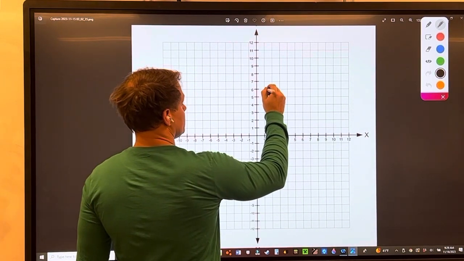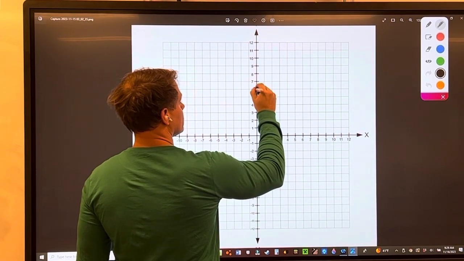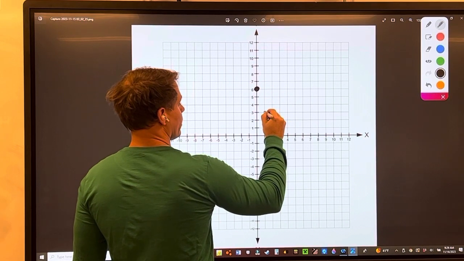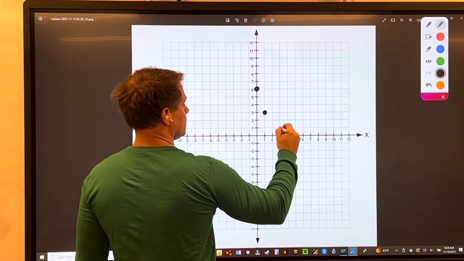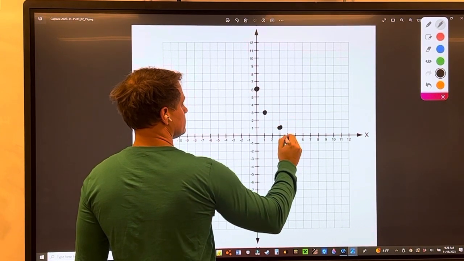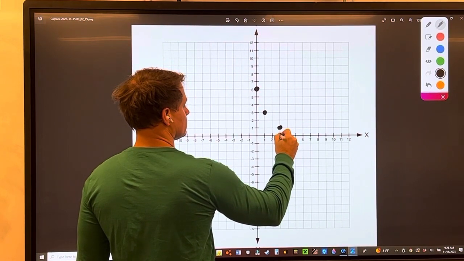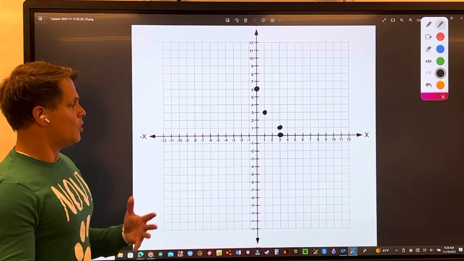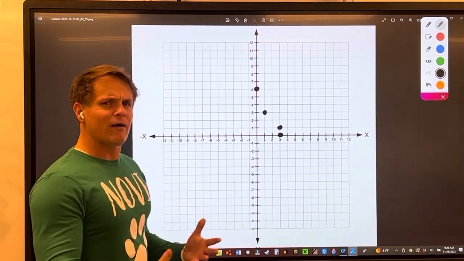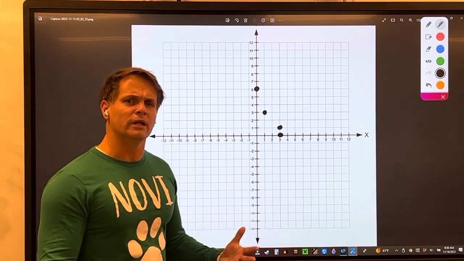I'm going to put my first point right here, my next point right here, my next point right here, and the last point I'm going to put right here. So visually, now what I might have to do is I might have to write down the coordinates for each.